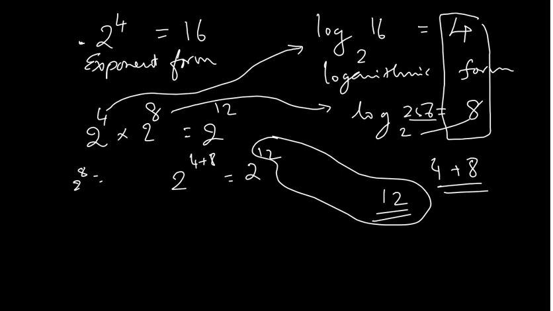This is nothing new, since we know these rules because we are adding the exponents, and that's what is applied in the logarithmic form also. As long as you know the exponent rules very well, the logarithm rules will follow. Okay, how do they follow?